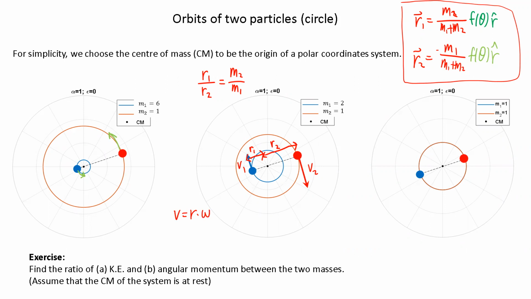And clearly the angular velocity of these two particles will be the same. Once one completes one full circle, the other will also complete one full circle.